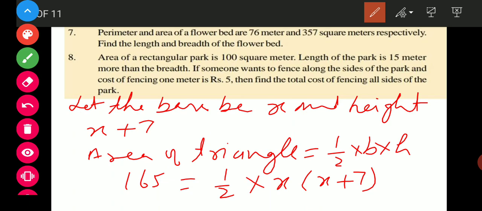So what will happen? 2 5 are 10 and 2 6 are 12, and 2 1 are 2, and 1, that is 330, is equal to x square plus 7x. So we can write on the next page.